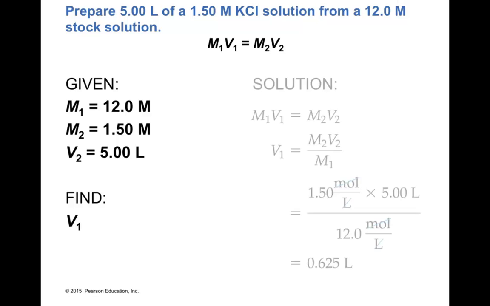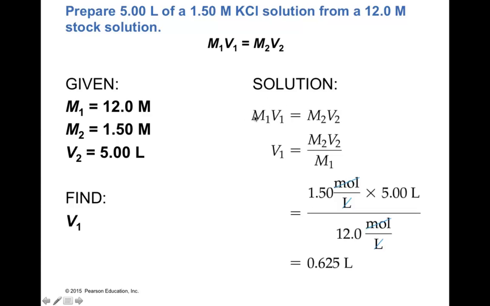So we rearrange the equation M1V1 to have V1 by itself. We divide M1 on both sides, and we have M2V2 divided by M1 equal to the volume.